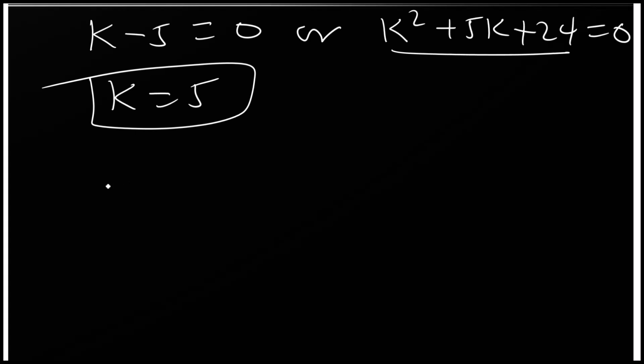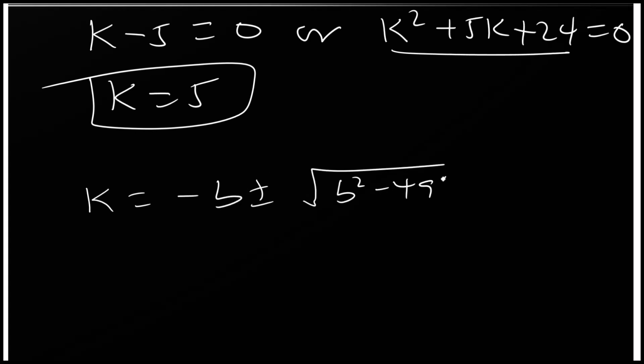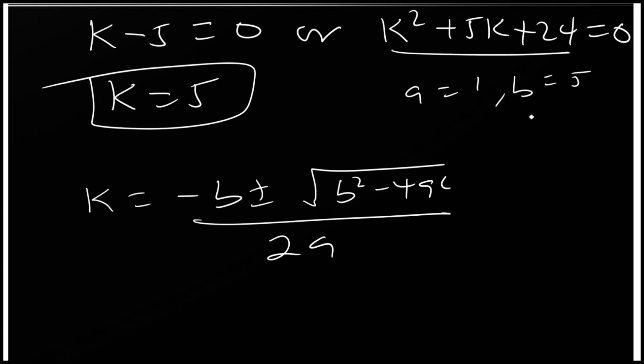Okay, so let's use the almighty formula. We have a as 1, b as 5, c as 24.